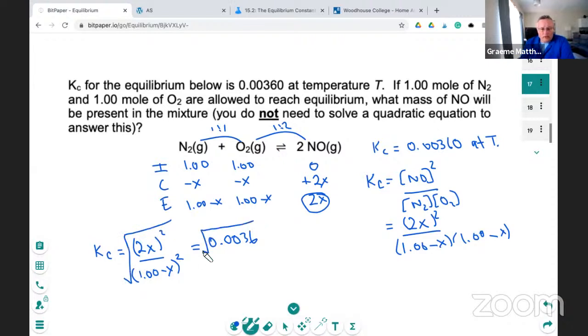This would be 2x over 1 minus x, because when you take the square root of a fraction, you take the square root of the top and the bottom. And then, is this 0.06? I believe it's 0.06. Right, it is indeed 0.06.